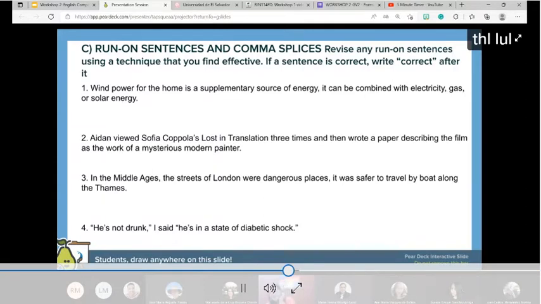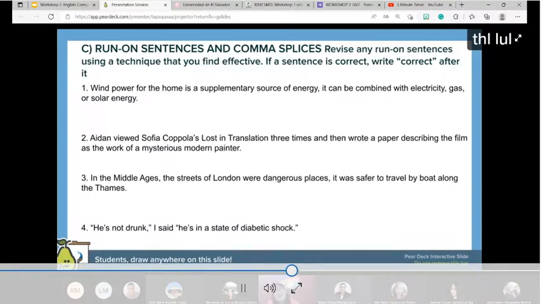The famous FANBOYS: F for for, A for and, N for nor, B for but, O for or, Y for yet, and S for so. FANBOYS. Easy to remember them. So those are the coordinating conjunctions.